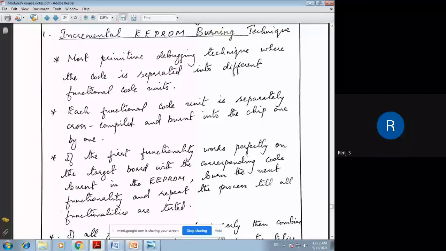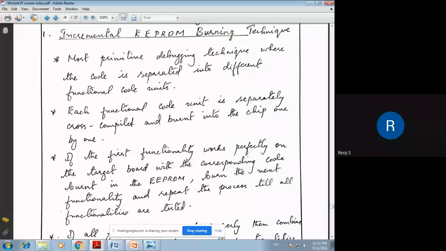First it will burn the first cross-compiled functional unit, then this EEPROM will be plugged into the target board and tested, to see whether the firmware for the first functional code unit is working properly.